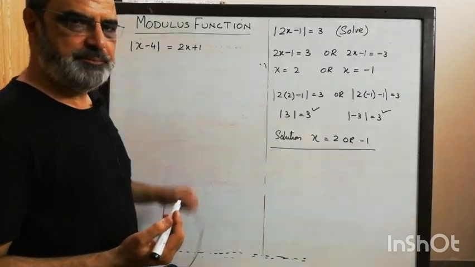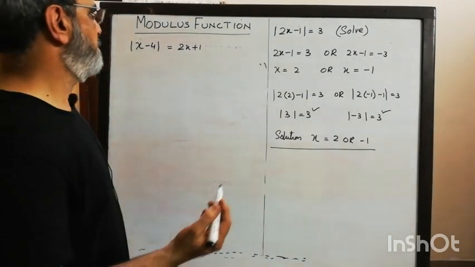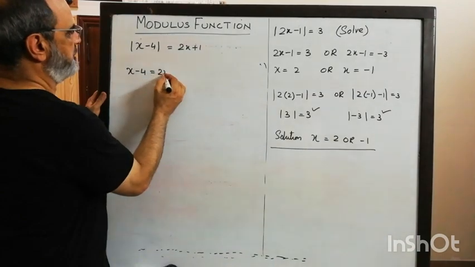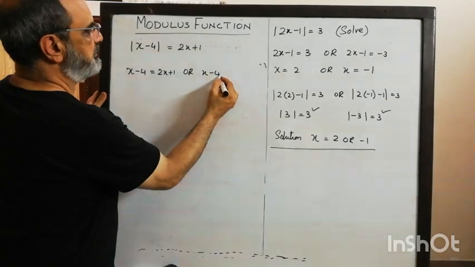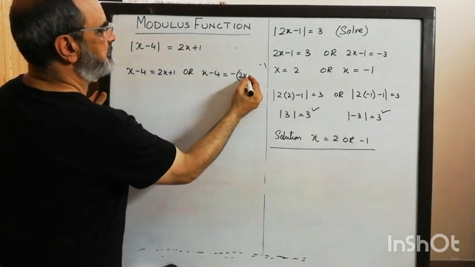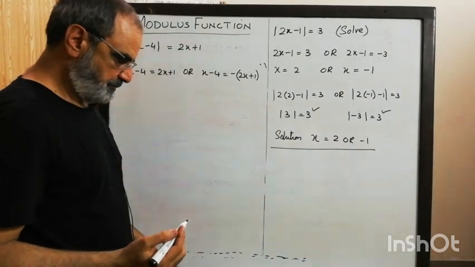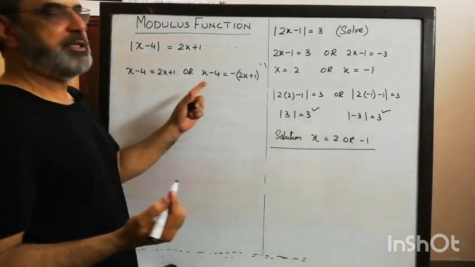So by definition, to solve this modulus equation, I have to write x minus 4 is equal to 2x plus 1 or x minus 4 is equal to minus of 2x plus 1, and solve these two equations.